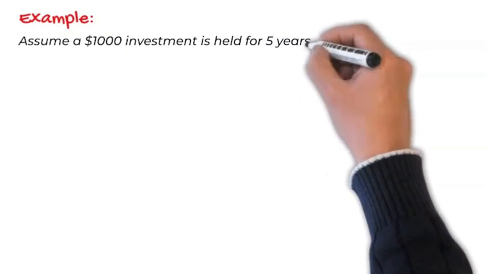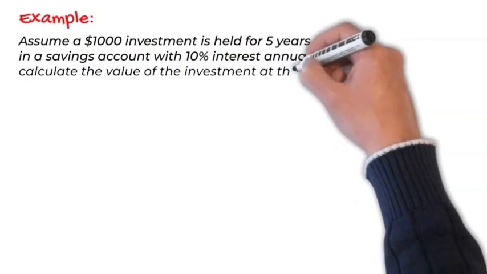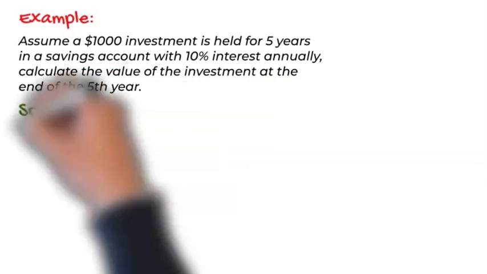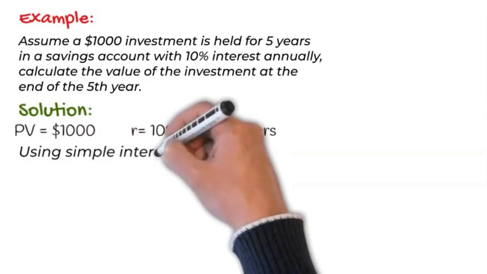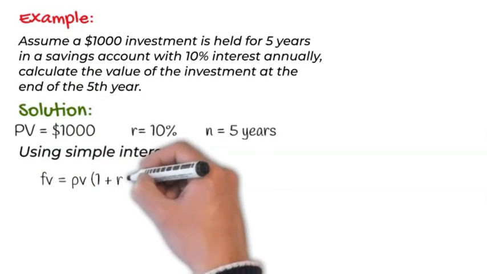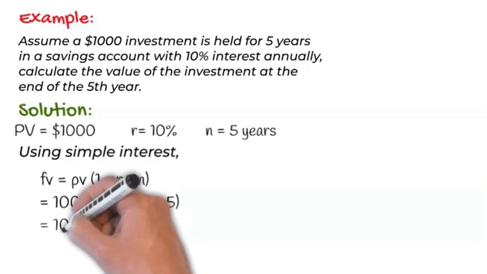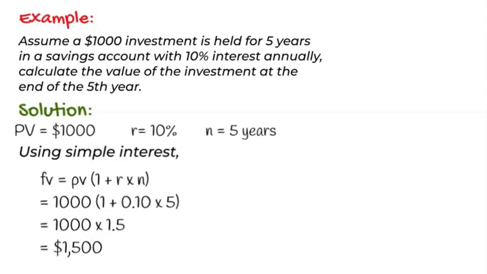Example: assume a $1,000 investment is held for 5 years in a savings account with 10% interest paid annually. Calculate the future value. If the interest is simple interest, we use the formula for the simple interest, which is FV equals PV times (1 plus R times N), where the PV is $1,000, R is 10%, and N is 5.